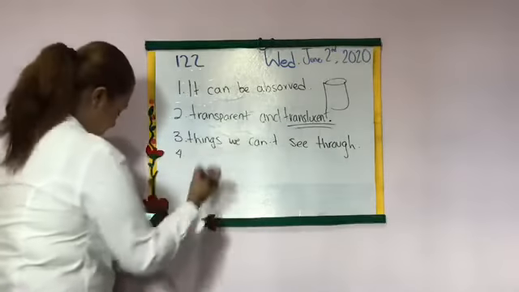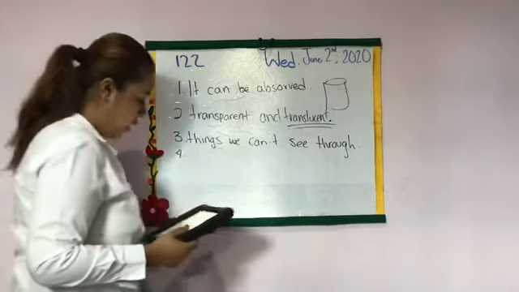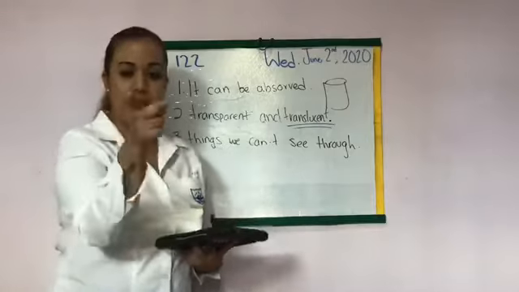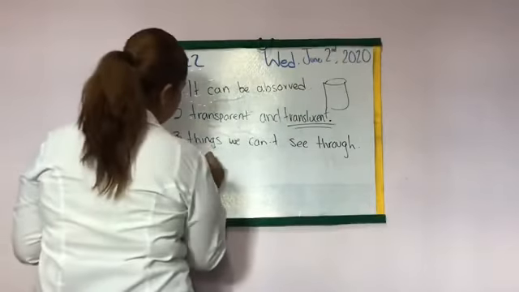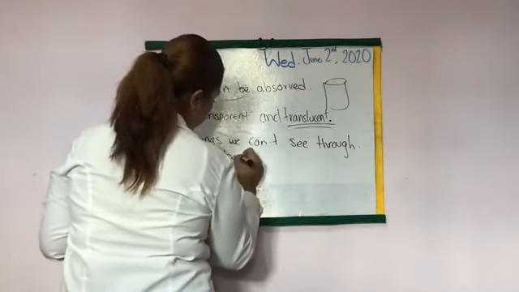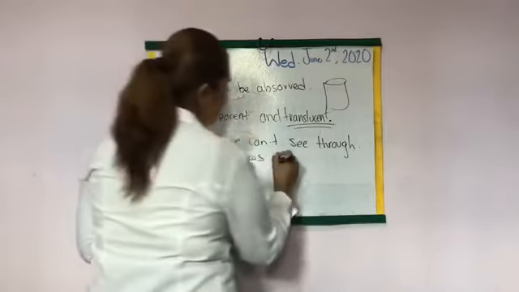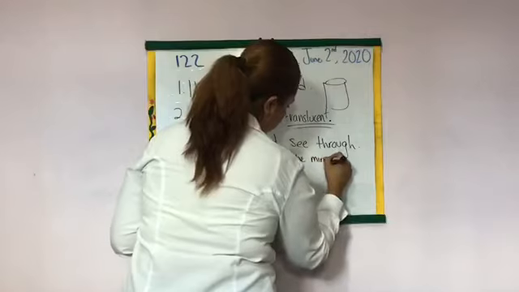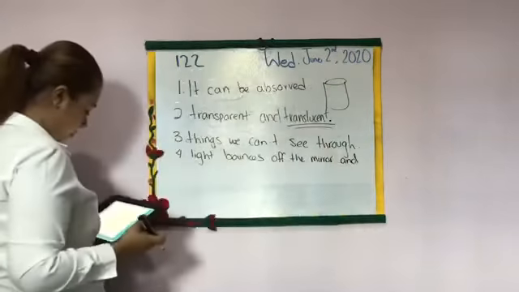Number four, why can we see our reflection in a mirror? It depends on the, very good, it depends on the light. So light bounces off the mirror. And what happens after it bounces off the mirror?